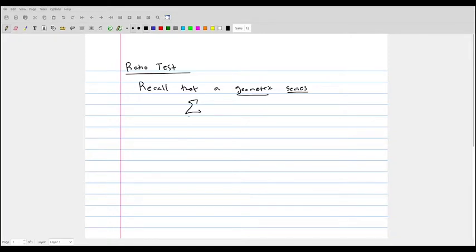The sum from, say, k equals 0 to infinity of a r to the k is going to be a plus ar plus ar squared, and so on and so forth.